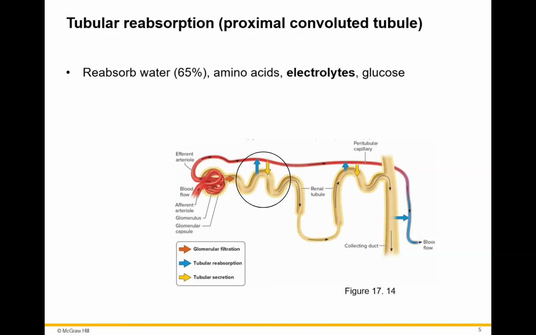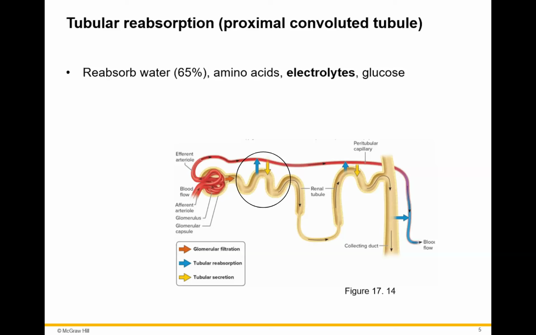And the area of the nephron where this occurs is the proximal convoluted tubule. Convoluted doesn't look really twisty here in this picture, but it's a twisted, turned area of the nephron. And proximal means that it's closest to the glomerulus and the glomerular capsule.